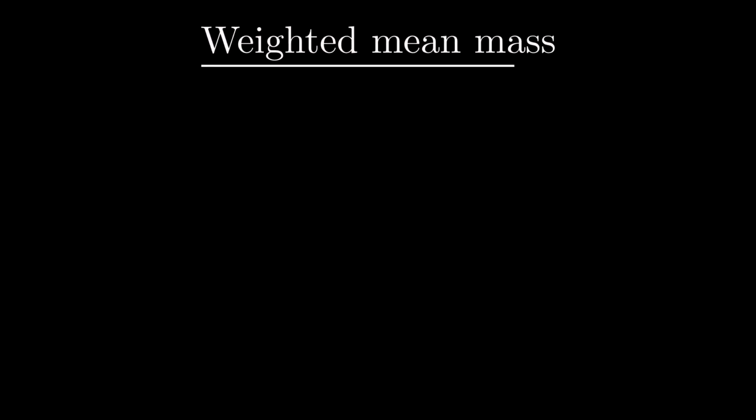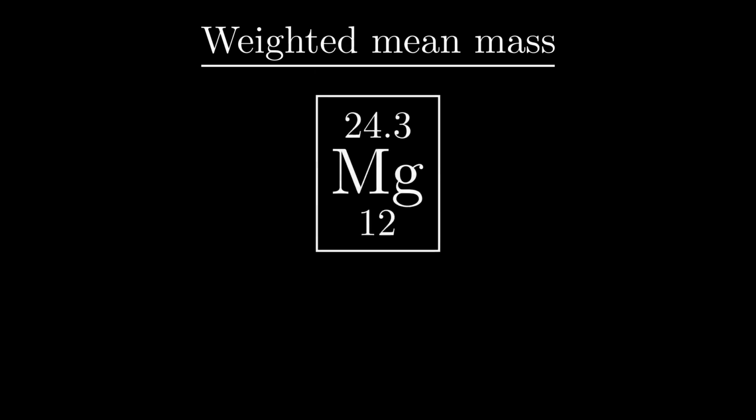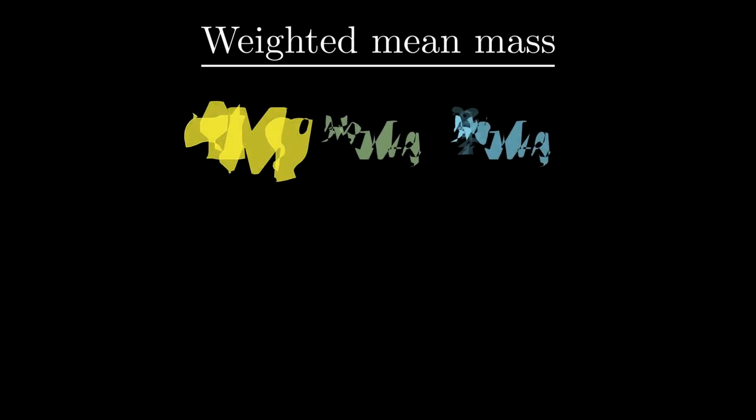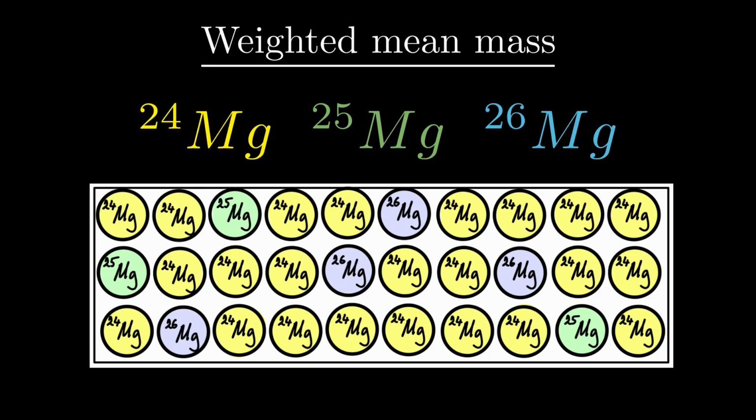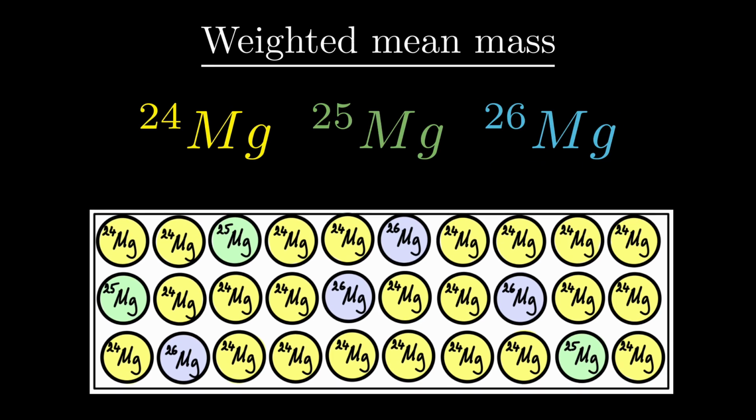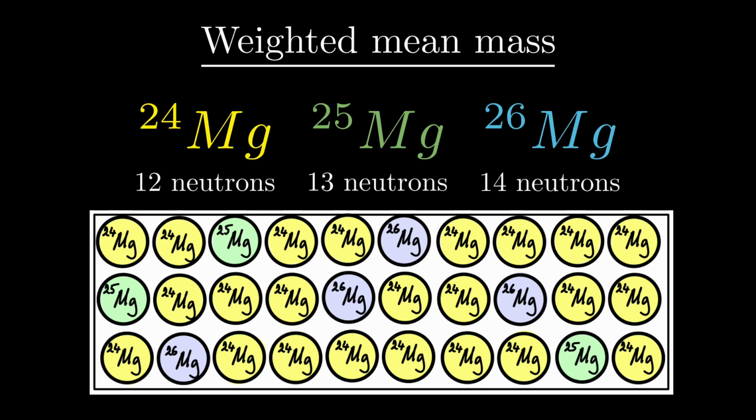What average mass are they talking about? Well, if you take a lump of magnesium metal, there will be more than one kind of magnesium atom. There will be atoms that have a mass of 24, 25, and 26. These atoms have different masses because of different numbers of neutrons, i.e., they're different isotopes of the same element.